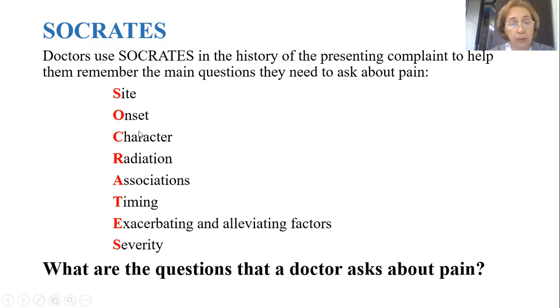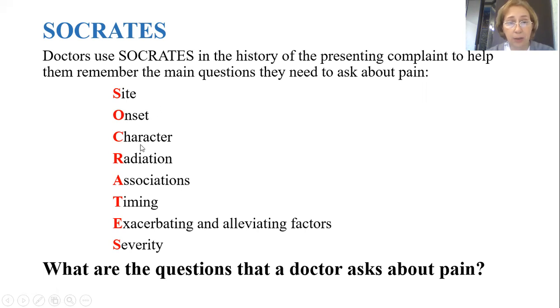So you can see here on this slide that SOCRATES goes across town, and each letter of this word SOCRATES stands for a separate word, just a step in the conversation about pain.